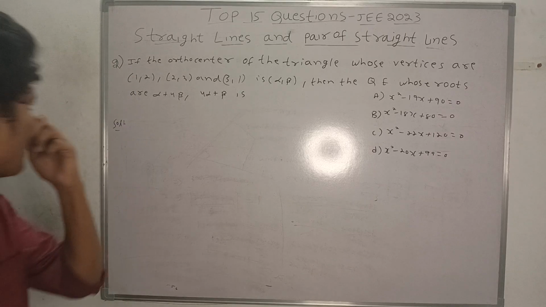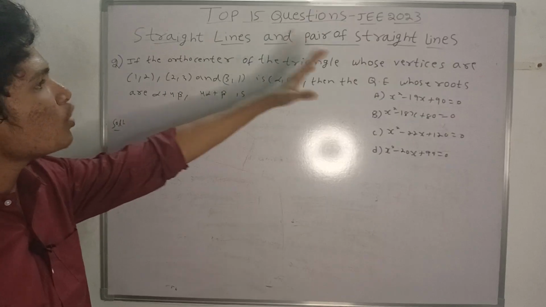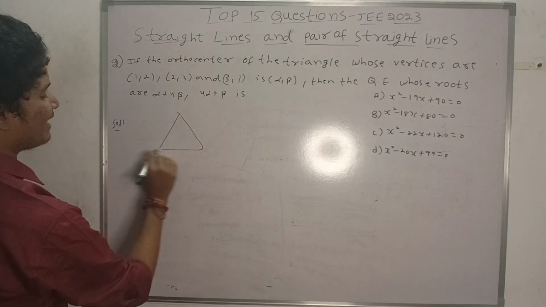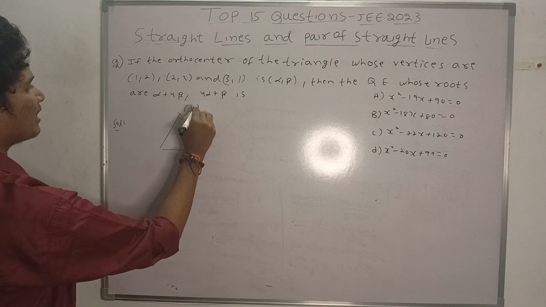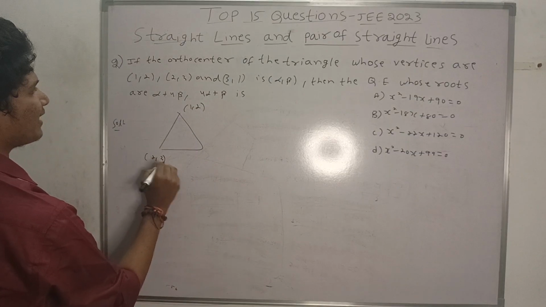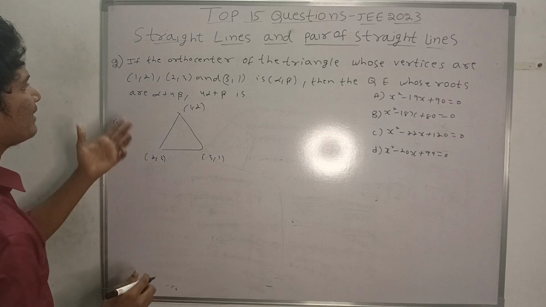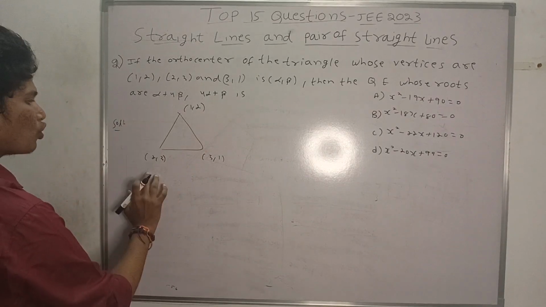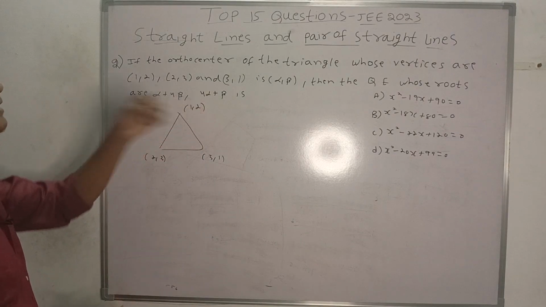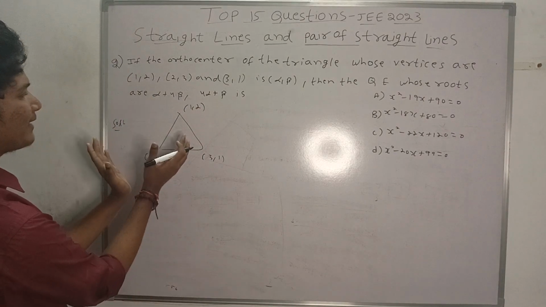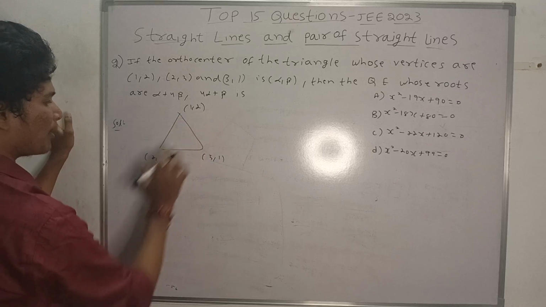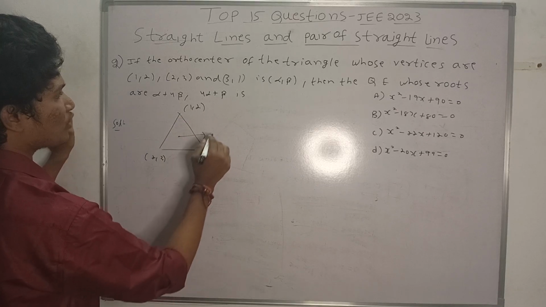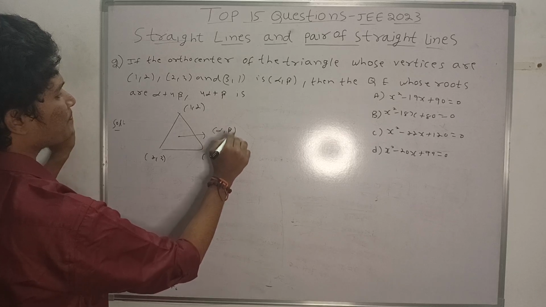And what they are asking: if the orthocenter of the triangle whose vertices are, so they are giving 3 vertices, 1, 2, 2, 3 and 3, 1. They are saying that the orthocenter of this triangle is given as alpha beta.